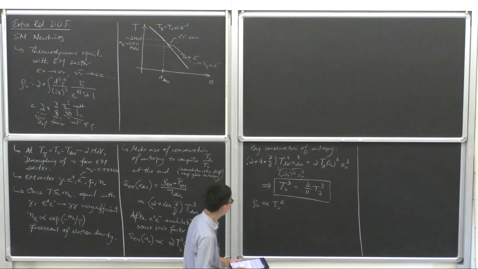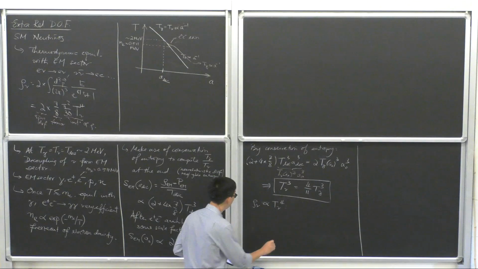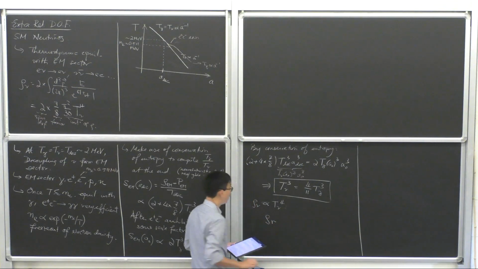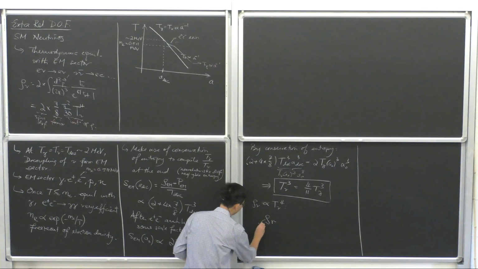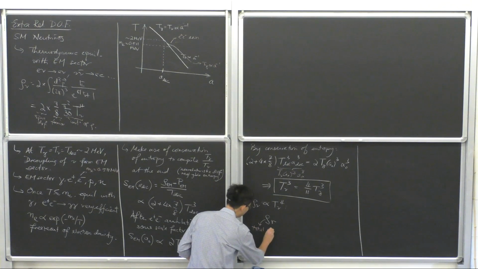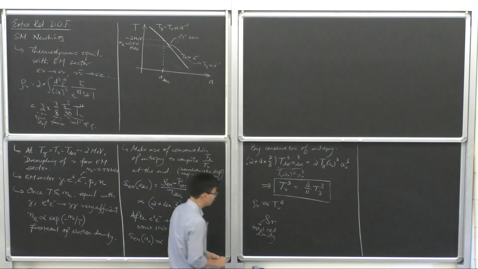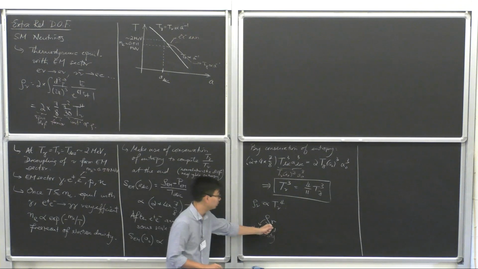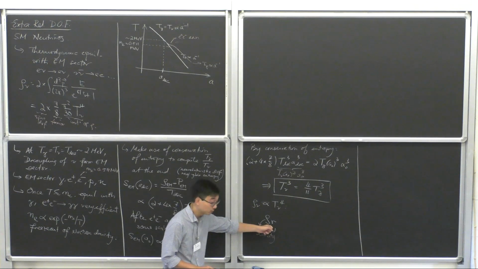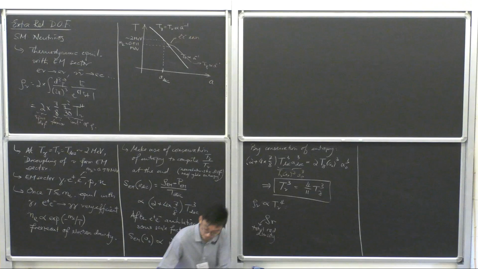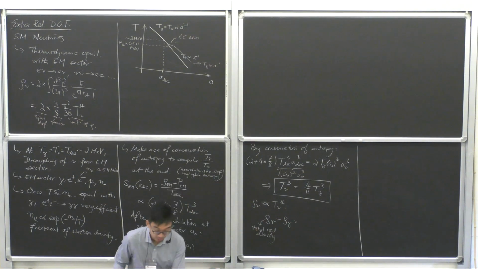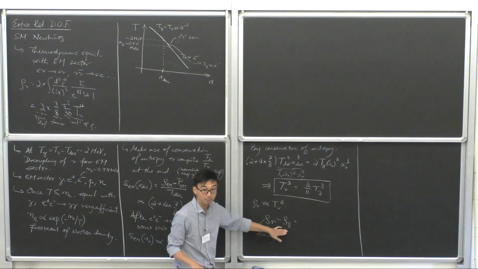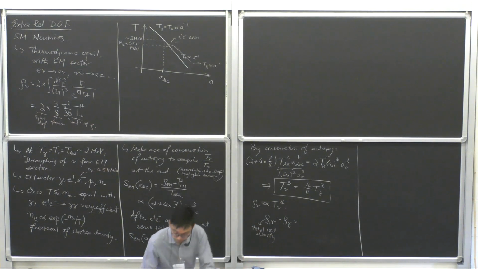The way we usually write it is rho r, which is the total radiation density, and in lambda CDM this would include photons and the 3 neutrinos, minus rho gamma, which in lambda CDM would leave just the 3 neutrinos.